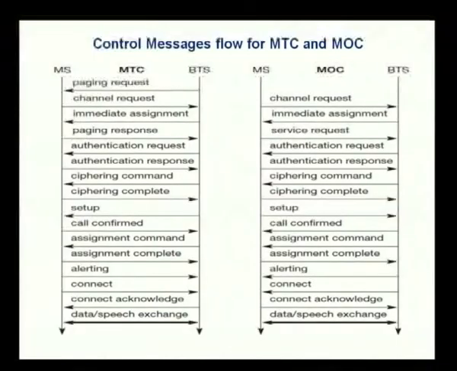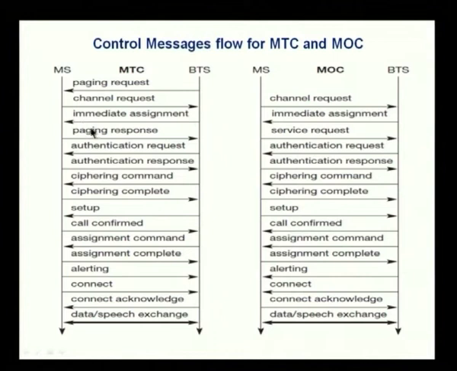Now, let us map our discussion about the control message exchanges in the diagram. So, this is a mobile terminated call, this is our mobile station and the base transceiver station. Now, as this is the MTC, the BTS is making the paging request and the MS will make a request for a channel, and the channel will be immediately assigned.